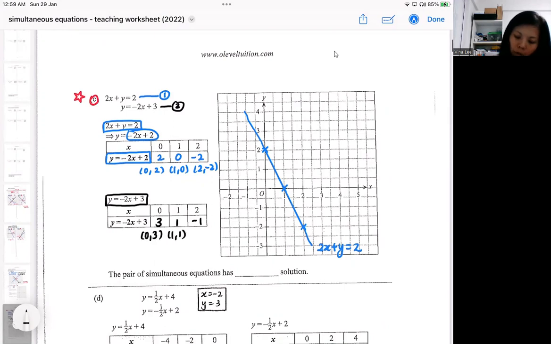You will get 1, 1. You get 2, minus 1. So this is your second line.